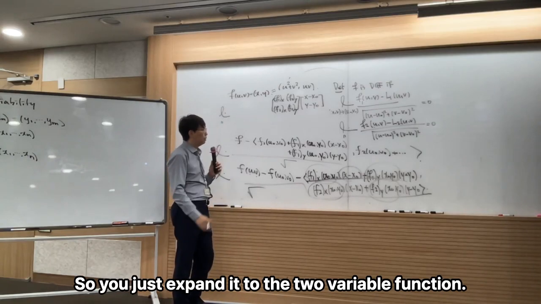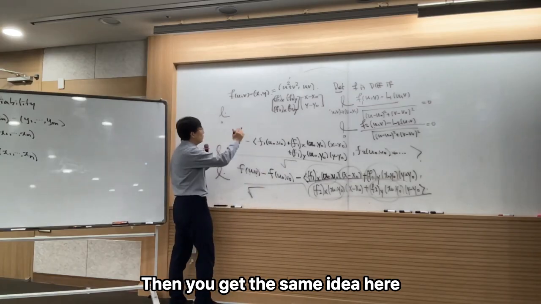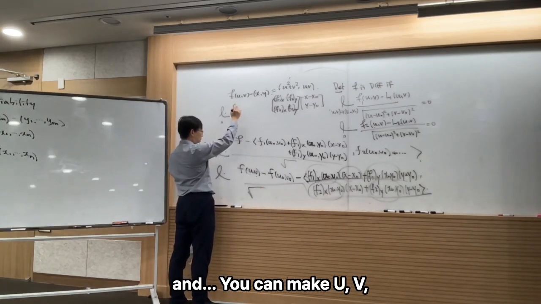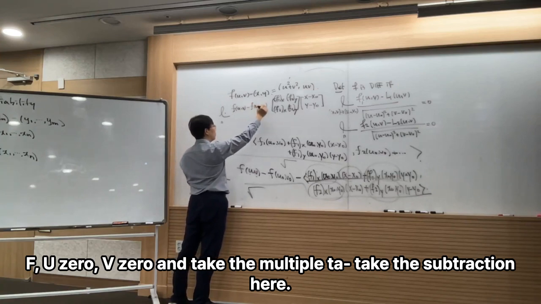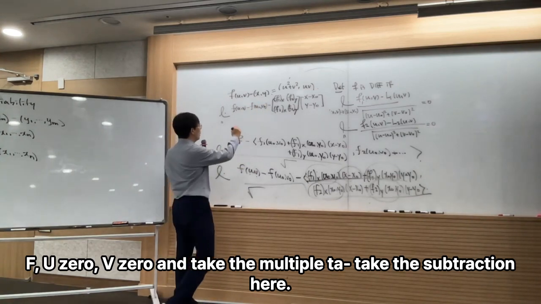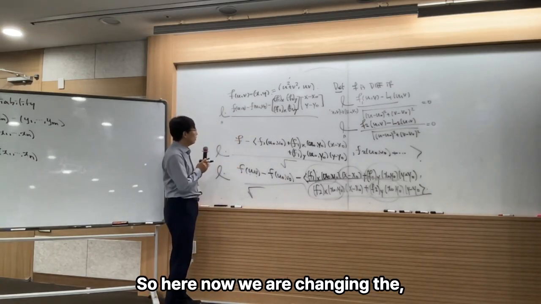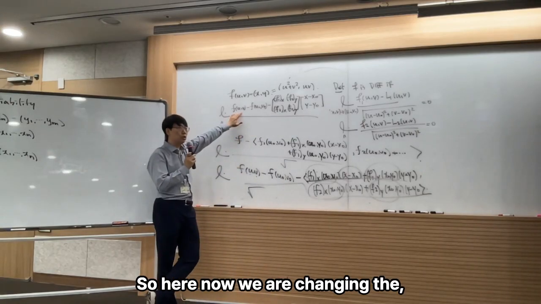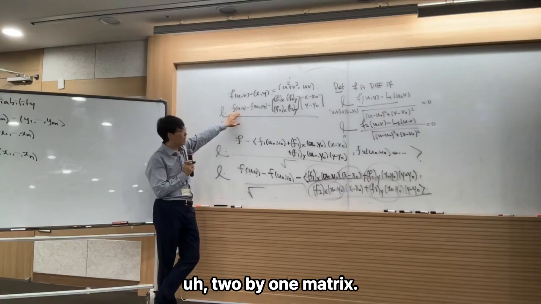So you just expand it to the two-variable function. Then you get the same idea here. You can make f(u, v) and f(u0, v0), and take the subtraction here. You can make your numerator as simple as this. Here, we are changing the view of its function values from a point to a 2 by 1 matrix.